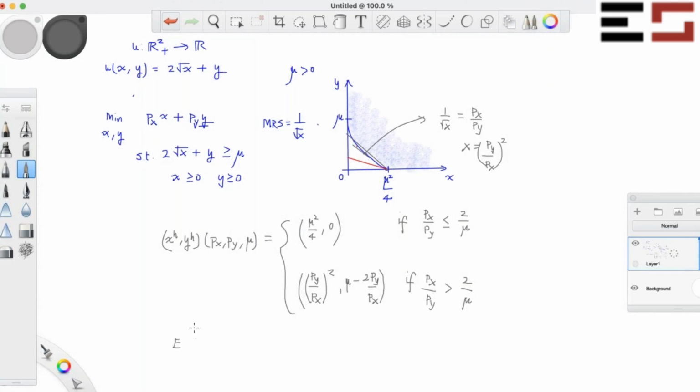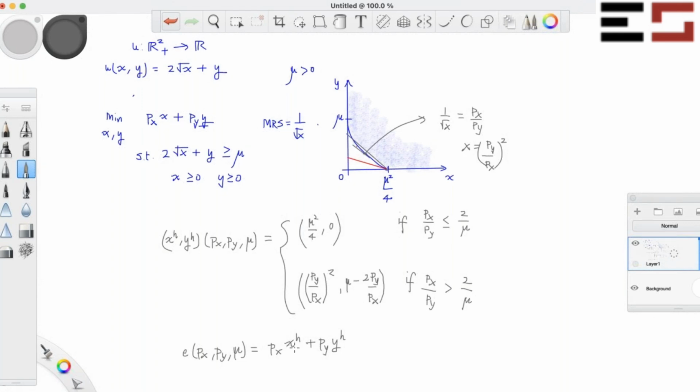It is E(px, py, mu), which is px into xh, basically the expenditure on the optimal choice, the cost minimizing or expenditure minimizing choice.